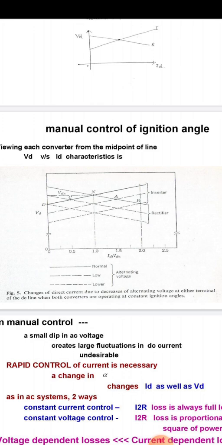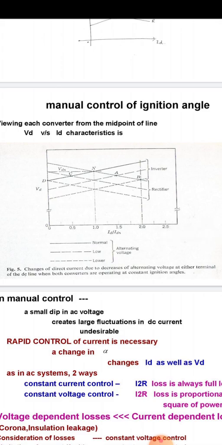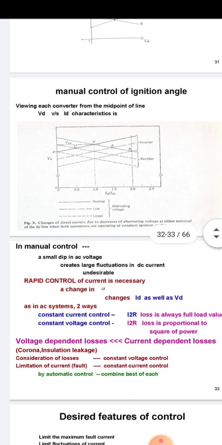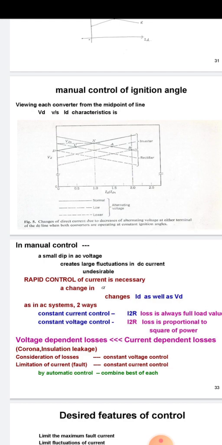The discontinuous lines are called low alternating voltage. Those three lines are mentioned on this graph, so we can get a good explanation from this graph. In manual control, a small dip in AC voltage creates a large, undesirable fluctuation in DC current. A rapid control of current is necessary.